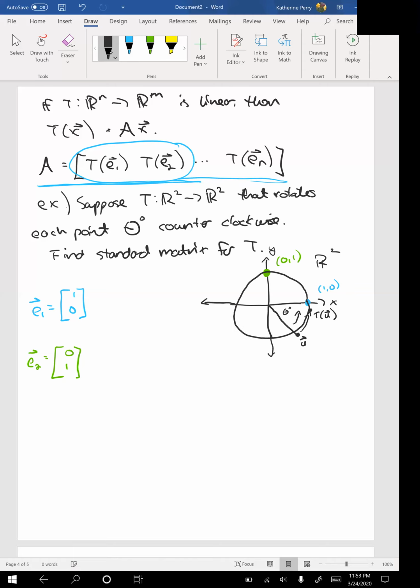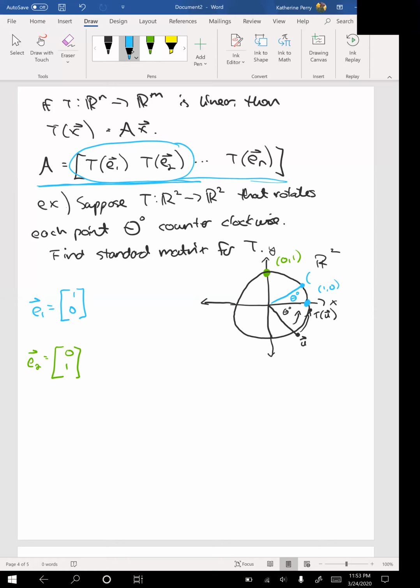If I take my transformation and apply it to the point (1, 0), I am going to move it theta degrees counterclockwise on here. And what I'm interested in is what this point would be.